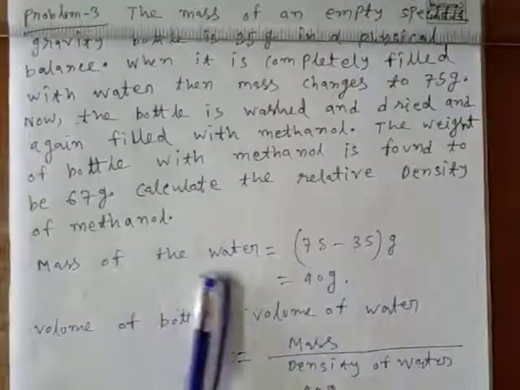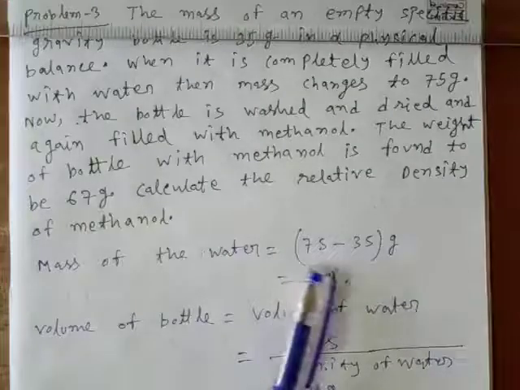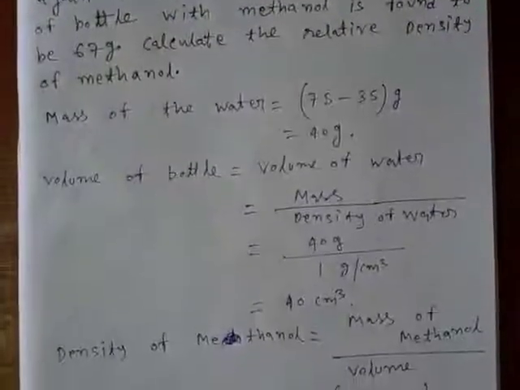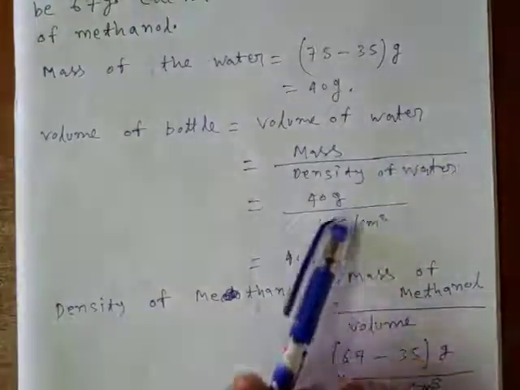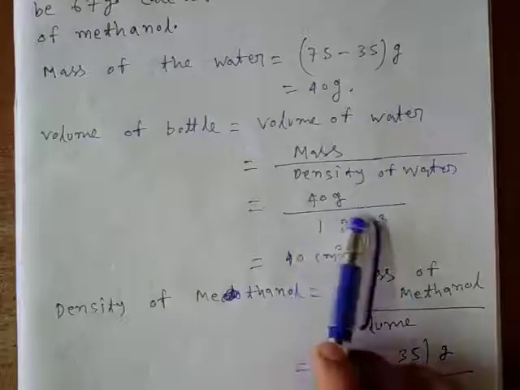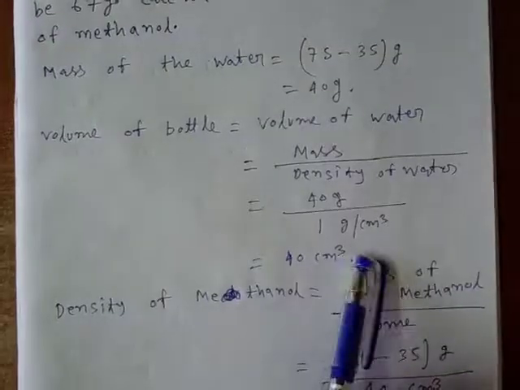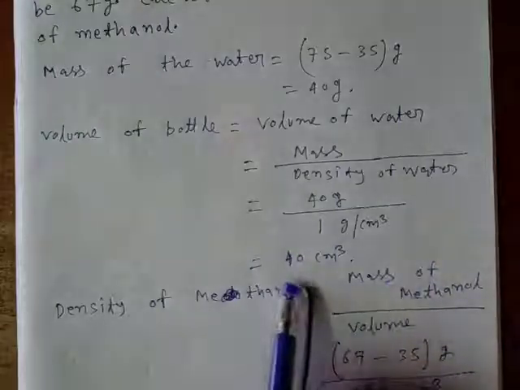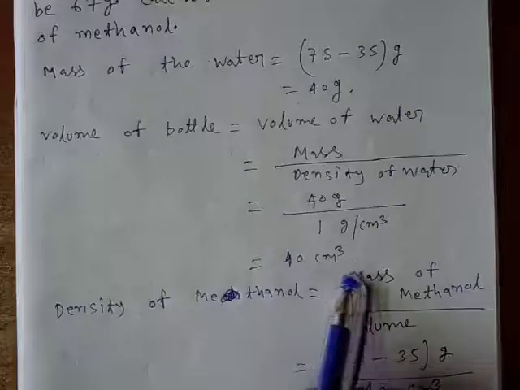So the mass of the water inside the bottle is 75 minus 35 gram, which is 40 gram. Now volume of the bottle, which is also equal to volume of the water, is mass divided by density of the water. Mass of the water is 40 gram and density of the water in CGS system, we all know, is 1 gram per centimeter cube. So the volume of the bottle is 40 centimeter cube.